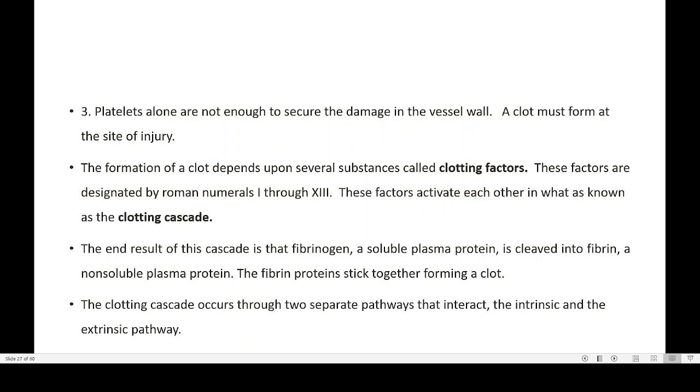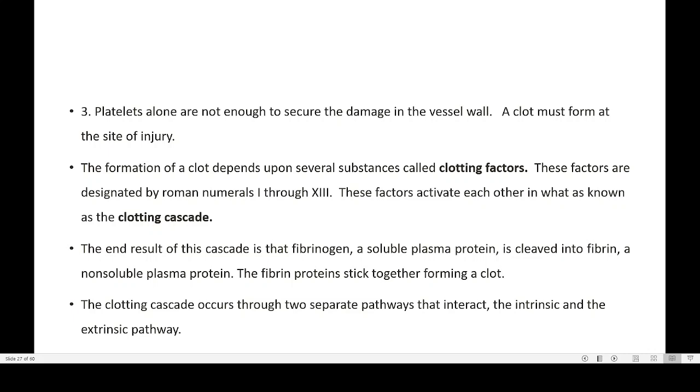These two mechanisms may not be sufficient to prevent the complete loss of blood. That is where the third mechanism, known as clotting or blood coagulation, comes into the picture. The formation of a clot depends on a number of factors.